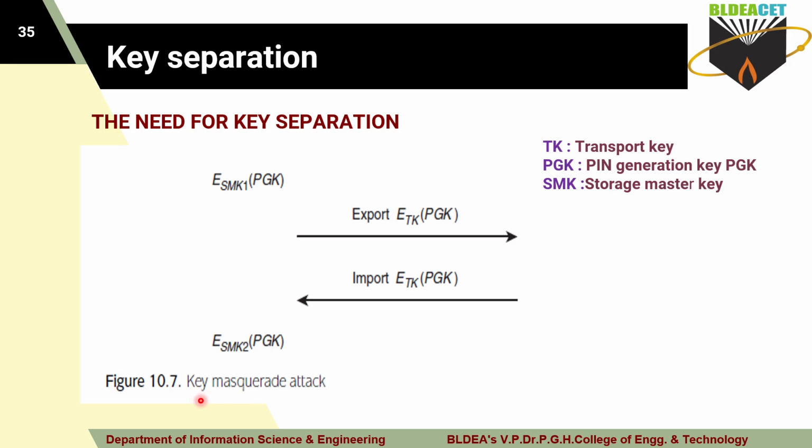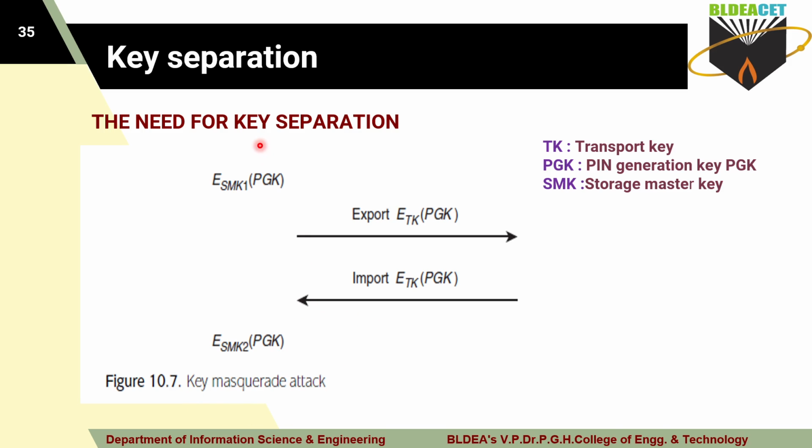This attack we call a key masquerade attack, because you are using the same transport key to transfer the key and also to get the message authentication key, and you are using the pin generation key also as the message authentication key. The same key is used for multiple purposes, and that is known by the attacker. Because of that, they can perform this masquerade attack.